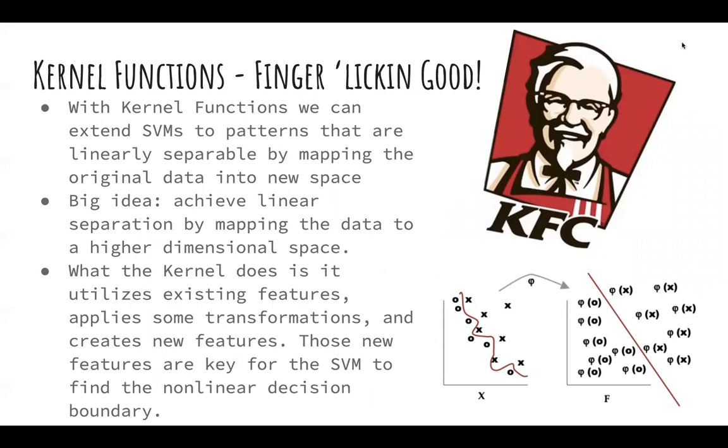The whole notion of a kernel function is that we can take our current data frame, our current set of data that are nonlinearly separable. We can map that data into a new higher dimensional space. And in that higher dimensional space, we can achieve a linear separation. That's literally exactly what a kernel function does. If you look at this as our initial data frame, this is messy.